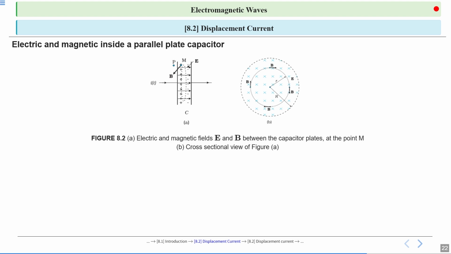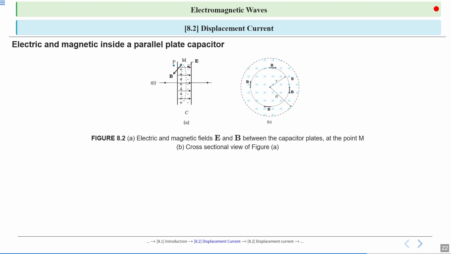So again, the diagram 8.2a shows electric and magnetic fields E and B between the capacitor plates at point M, and diagram B is the cross sectional view of figure A, when we are viewing this capacitor from one side. The plates of the capacitor are circular, not rectangular, that's why the cross sectional view is two circles.